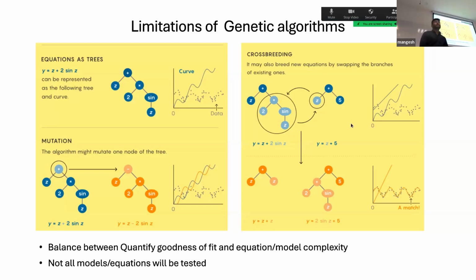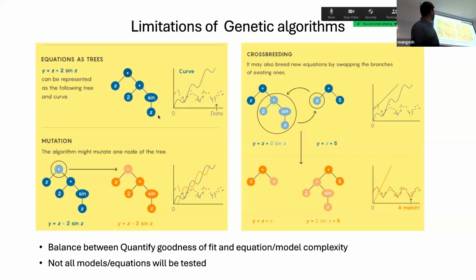These are previous best-in-class algorithms. One of them is genetic algorithm, which are used to find functions to fit your data. In this method, they represent every equation as a tree. And this part here, the top is called root, and these are nodes, and the last nodes are called leaves.